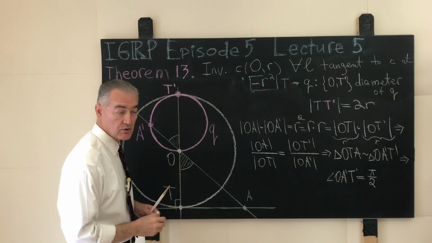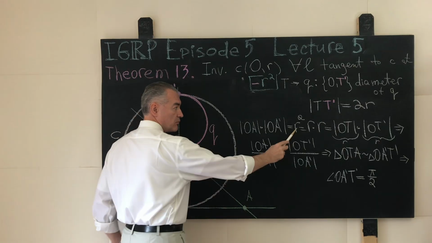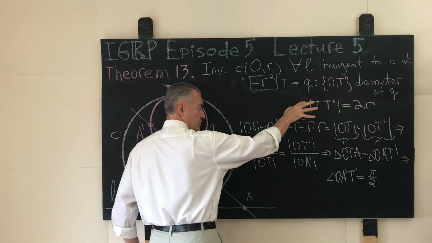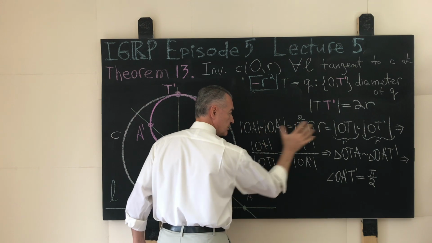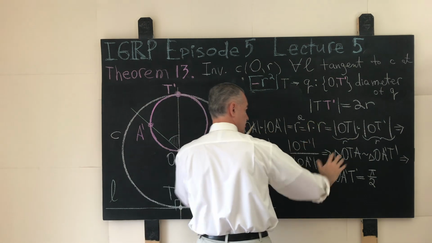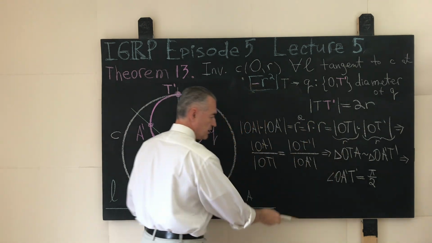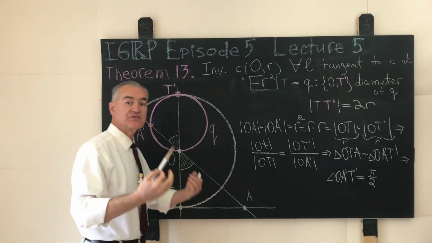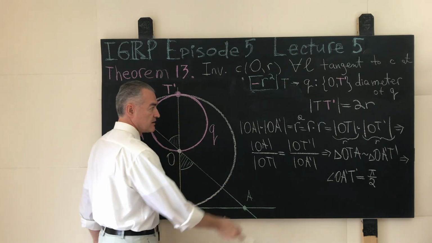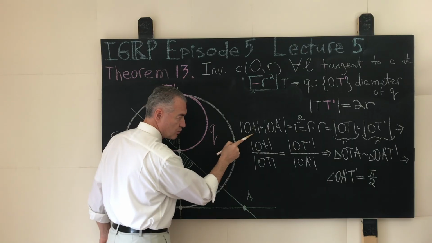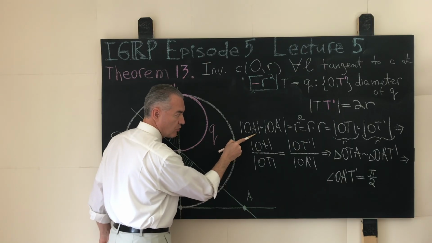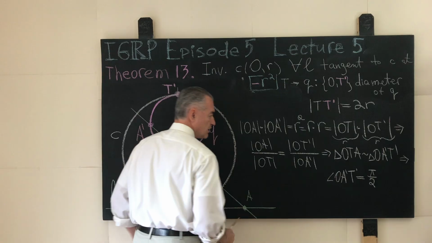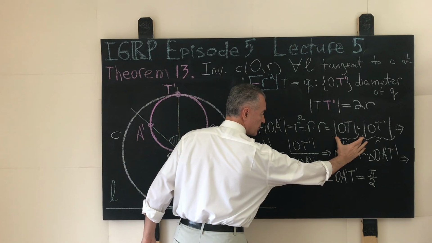And what do we do now? This is the one and the same number, R squared. We drop it, we put the equal sign between these two products, and then we hash the factors in this product into a nice proportion that benefits us tactically again. That is, we keep the distance from the center of inversion to the pre-image point A on the left-hand side of the equal sign. We steal this distance from the right-hand side.